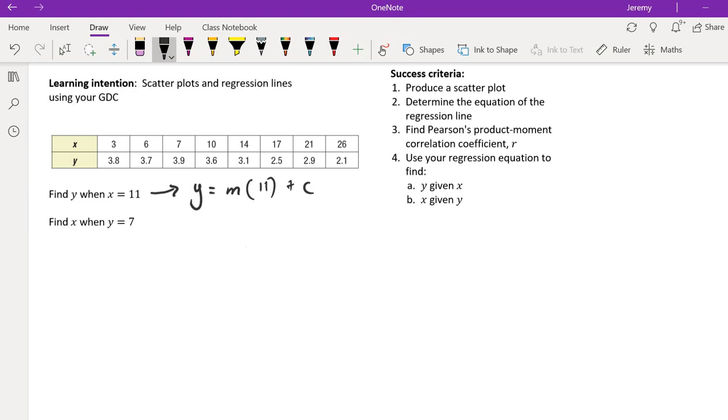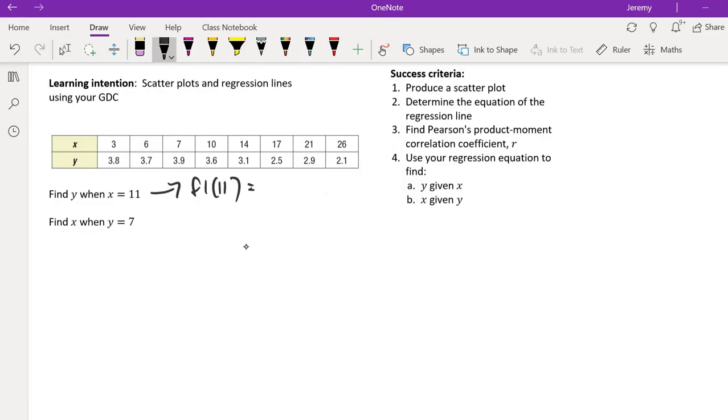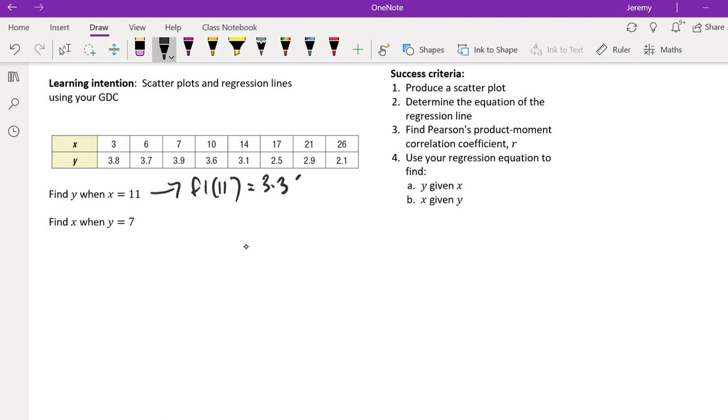So in GDC notation, what that means is we have a function f1 of x. We're going to enter it as f1 of 11. So f1 11, hit enter. So when x is 11, f1 is equal to 3.36.